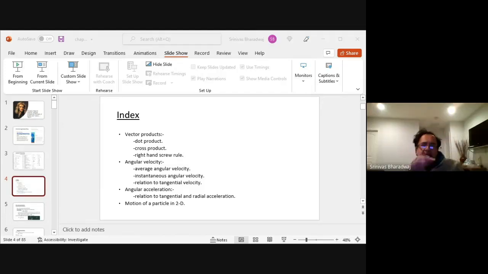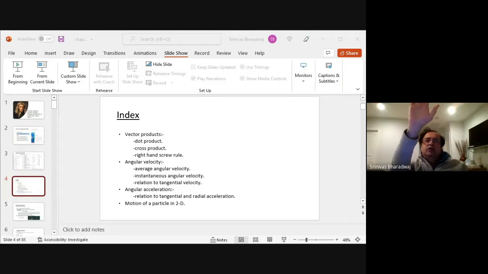Now, omega cross r, with r the radial vector, and the direction of the radial vector keeps changing, right? So omega is upwards. If I'm rotating like this, omega is upwards, right?